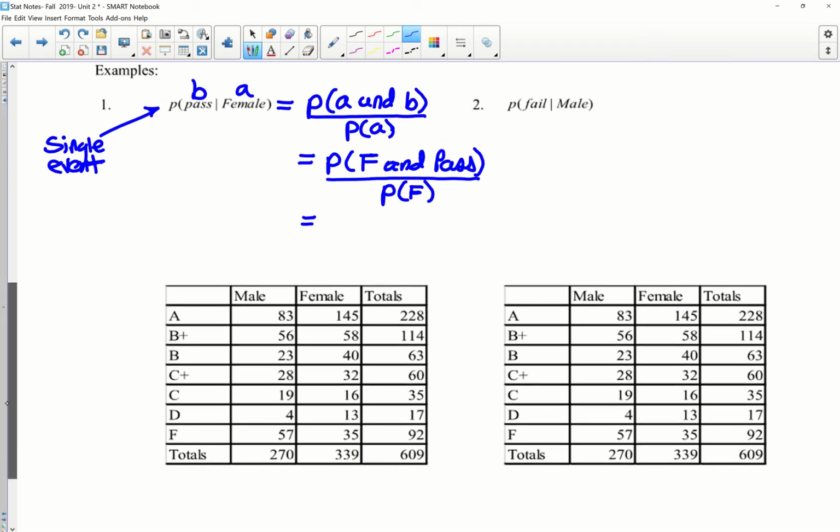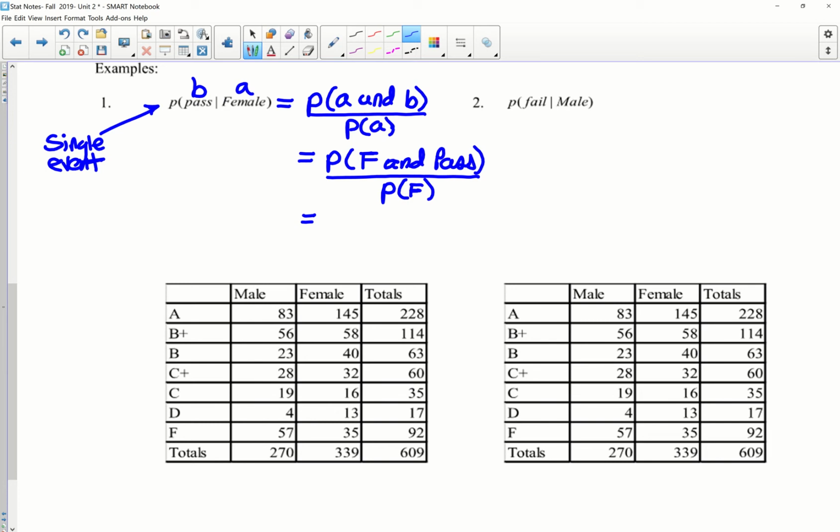All right, because I'm not selecting two individuals separately. I'm looking for one individual that exhibits the characteristics of being a female and passing. All right, so I'm looking for all these females.